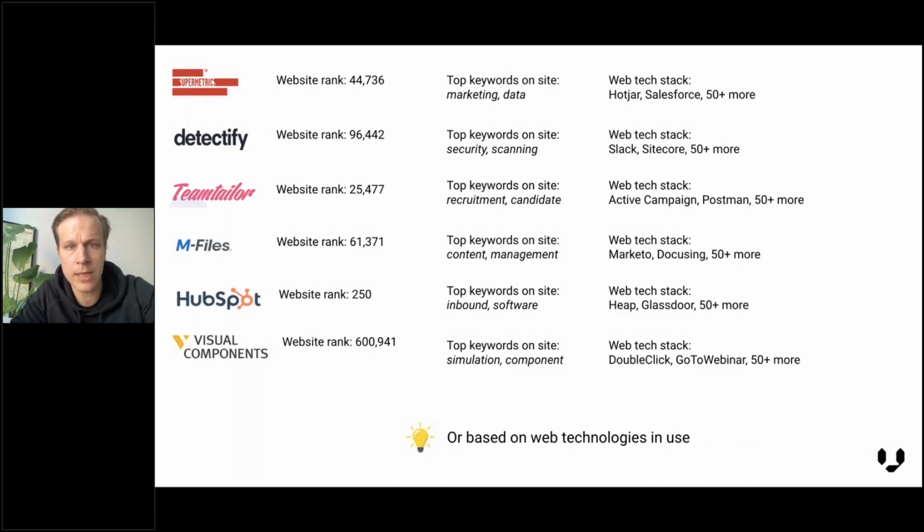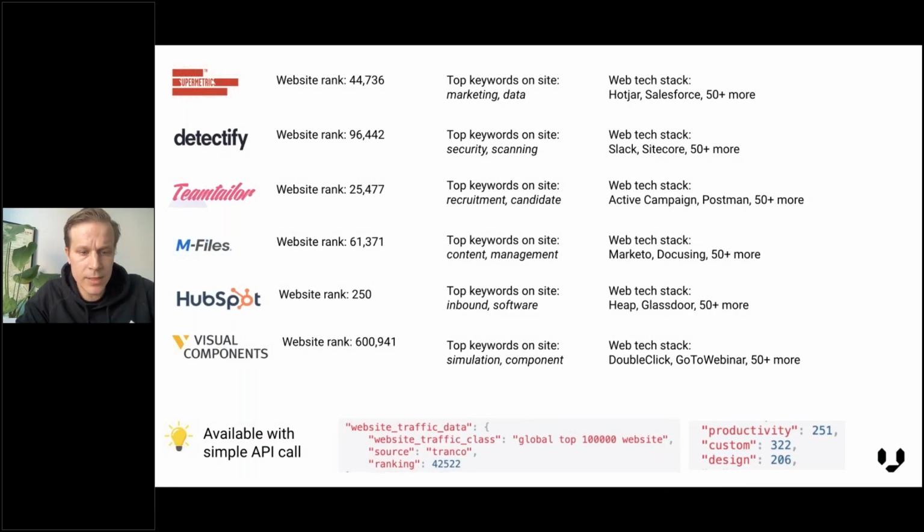Especially if you sell software, you typically want to know the existing technology tool stack, maybe because of integrations, maybe because of other indicators it reveals. We do have them, and that data can be easily sent into your CRM, meaning that you get more prospects. These are also available with a simple API call if you want to enrich your own customer data platform or cloud database that you're building.